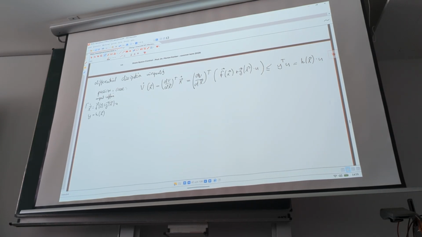So if this is the case that we have, then basically we can recast that as something like the dV, sorry, probably should write this as a proper gradient, dV dx f of x, less or equal than u, and the dV dx g of x times u equals the h of x times u.